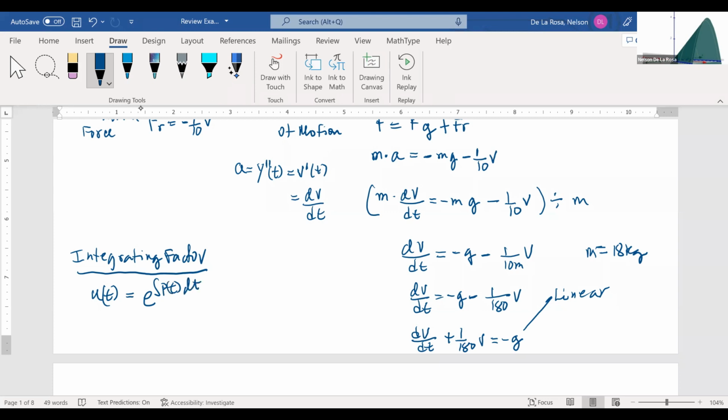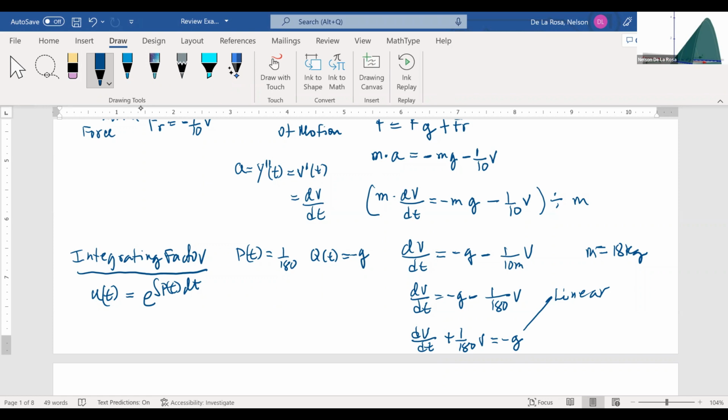Then p of t is that term multiplying v. So in this case, p of t is equal to 1/80, and q of t is equal to -g.